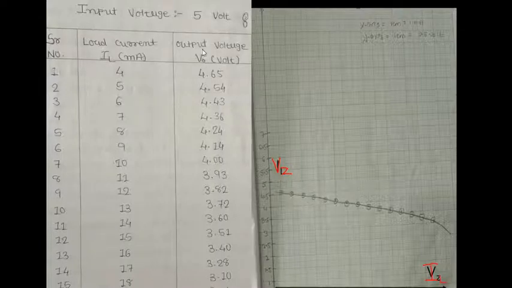But within this, if you look at the very first 8 to 9 data points, it remains at around 4 volts. So 4.6 to 4 volts remains, you can say just a variation of 10%.